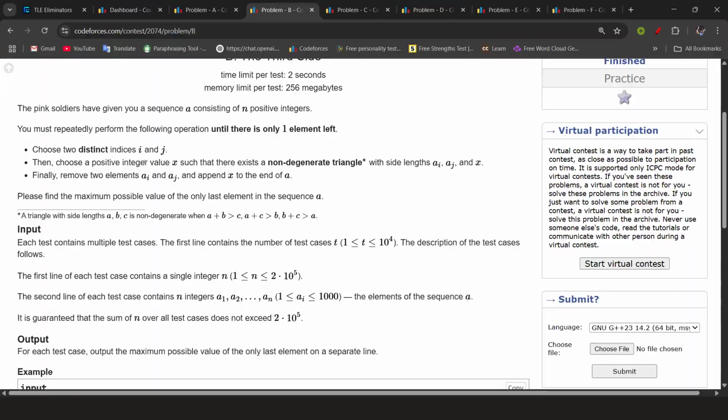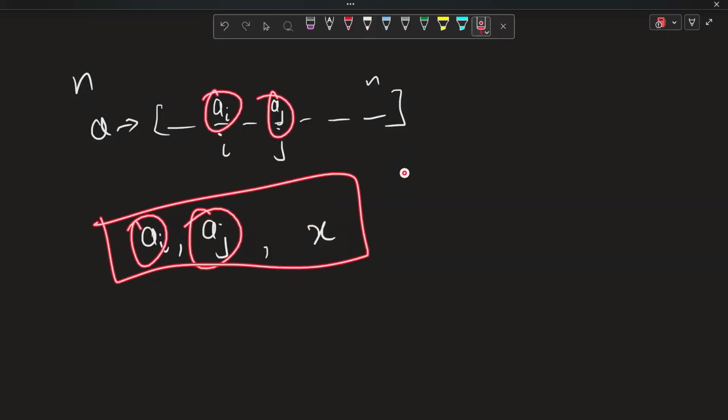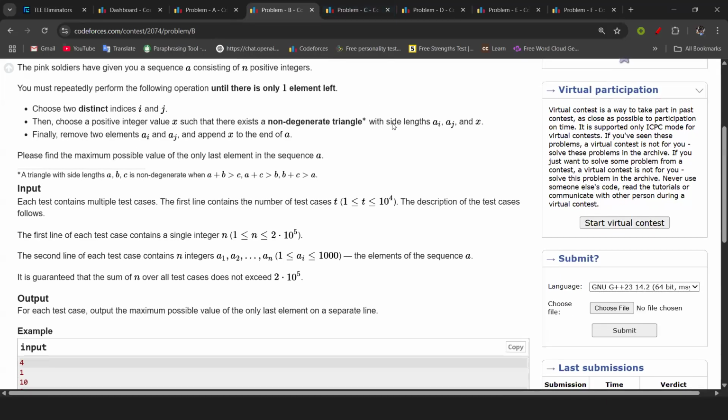And what that should satisfy is this value x and the two values from the array, the values at indexes i and j, ai and aj, should form a non-degenerate triangle. What does that mean? What's the condition for three sides to form a triangle? a plus b should be greater than c, a plus c should be greater than b, and b plus c should be greater than a.